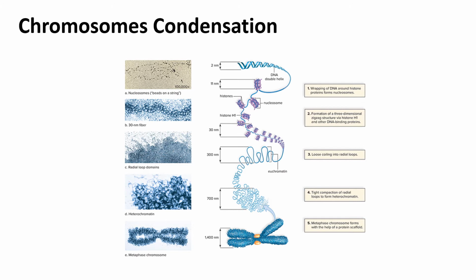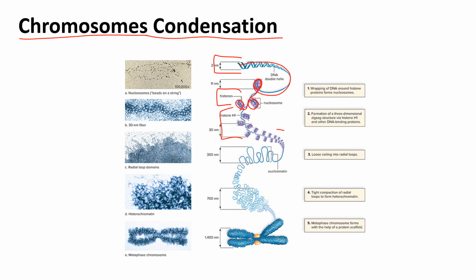The first level of controlling gene expression in eukaryotic cells involves the chromosomes and how they condense. Chromosomes are a combination of DNA and proteins called histones. That long strand of DNA is wrapped around complexes of histones, and that creates the molecule that we call chromatin.